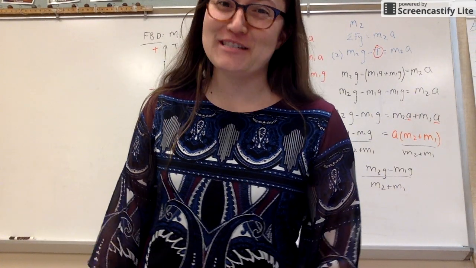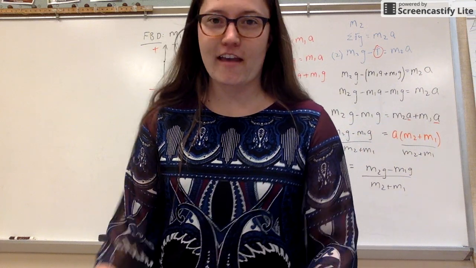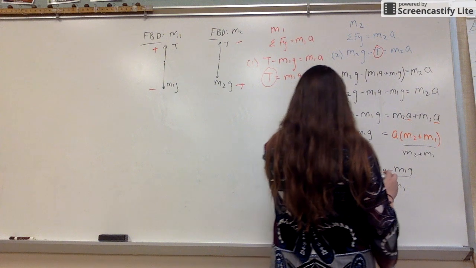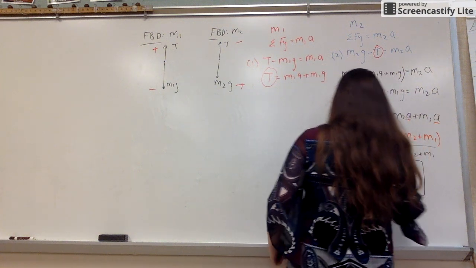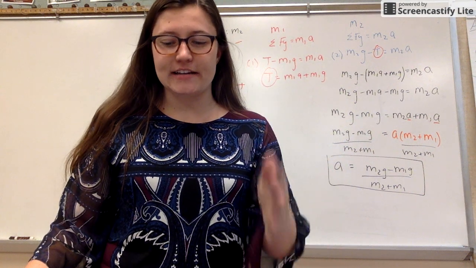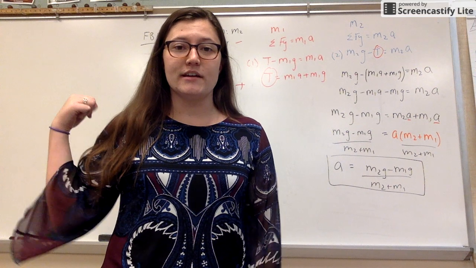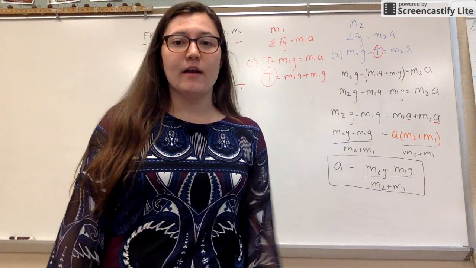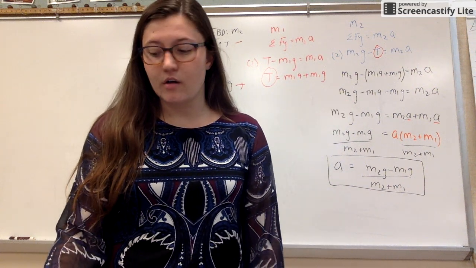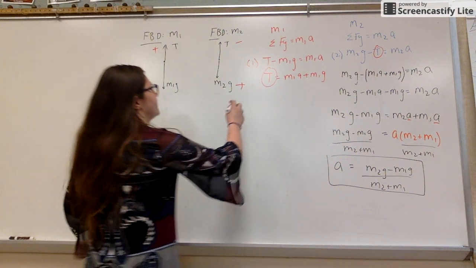Just kidding, there are no numbers, it's in terms of variables, so that is our quantity for A. We're only halfway done. We found the magnitude of A, and now we need tension. So we're going to plug that whole quantity for A back into equation 1 so that we can find tension.